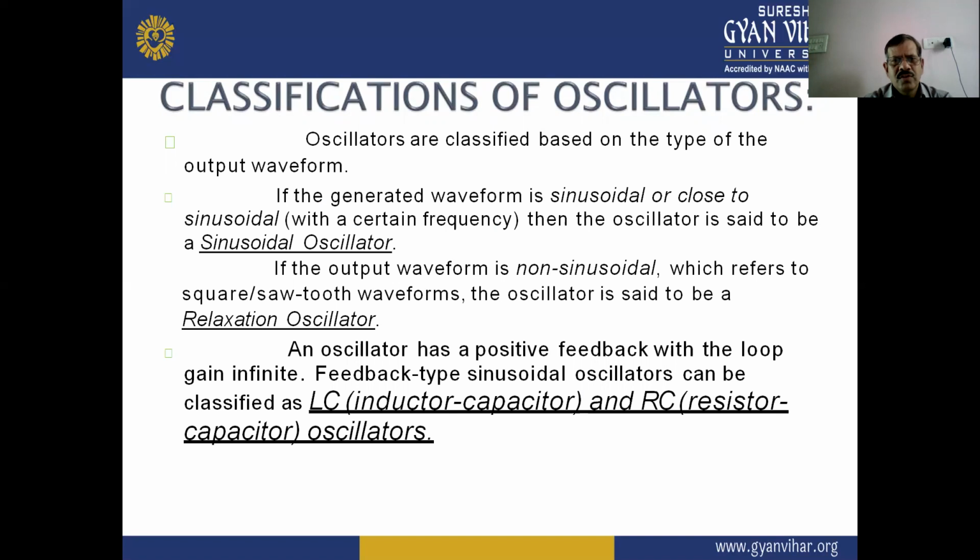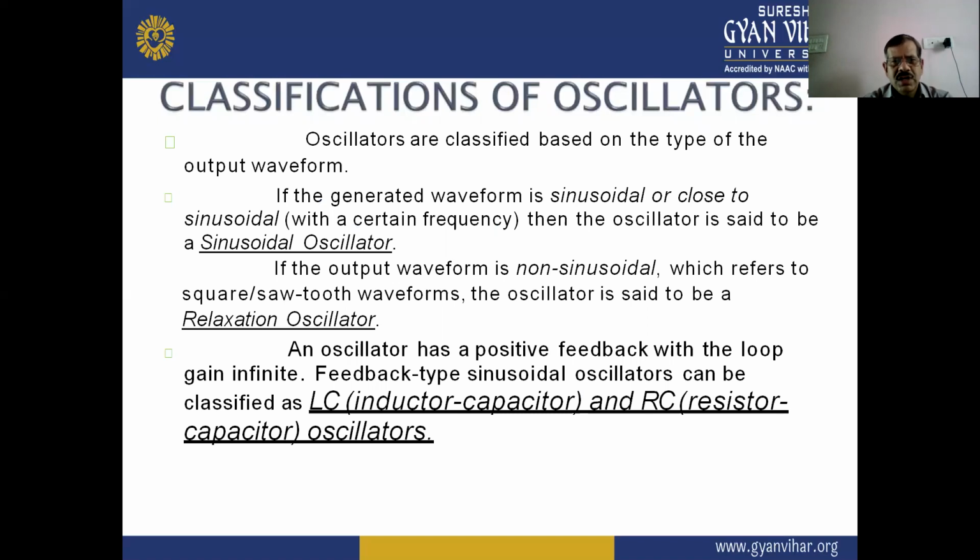If the output waveform is non-sinusoidal, such as a square or sawtooth waveform, the oscillator is said to be a relaxation oscillator. So basically, there are two classifications of oscillator: sinusoidal oscillators, and non-sinusoidal or relaxation oscillators.